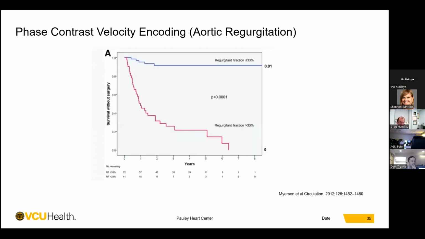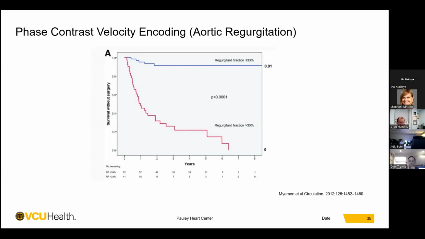Here is a study done at the University of Oxford. They recruited about 250 patients who have asymptomatic moderate to severe aortic regurgitation with no indication for surgery. They quantified aortic regurgitation using MRI and wanted to predict which one of them will have poor outcome without intervention, even if they are symptom-free.